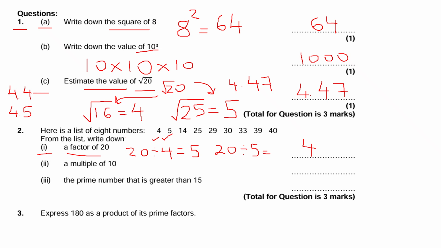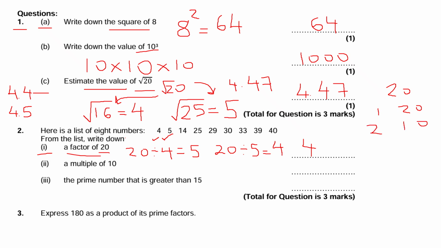So it is a number or a set of numbers that go into that number cleanly with no remainder. Now, the best way that I get taught for factors is to write down what numbers multiply to make 20. So we'll obviously have 1 and 20, 2 and 10, and 4 and 5.